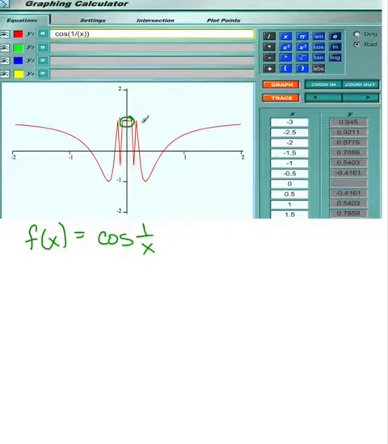That looks horizontal. That's because my calculator doesn't know what it's doing. It doesn't know what to do in here because as you get arbitrarily close to 0, this number becomes infinite. Now, cosine is bounded by 1 and negative 1, always. However, the function itself is going to sit in here and oscillate kind of wildly. And the closer you get to the origin, the more it oscillates.